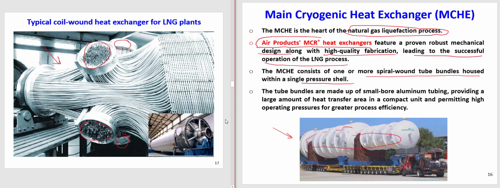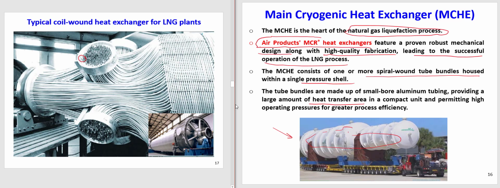Then, the tube bundles are made of small bore aluminum tubing. Each of these small tubes you see here is made of aluminum, and they can produce a huge amount of heat transfer area in a compact unit. It's a very compact unit, but it can provide a huge heat transfer surface because we have many of these tubes.